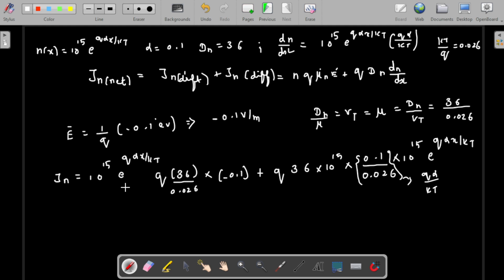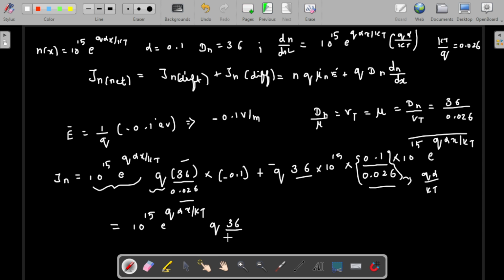What are the common terms here? This one is constant, q is constant, 36 is also constant, and divided by 0.026 is also constant. If we take everything outside, 10 power 15 e power q alpha x divided by kT, then q is constant, and 36 divided by 0.026 is also constant.